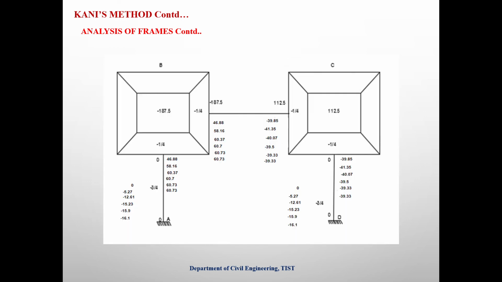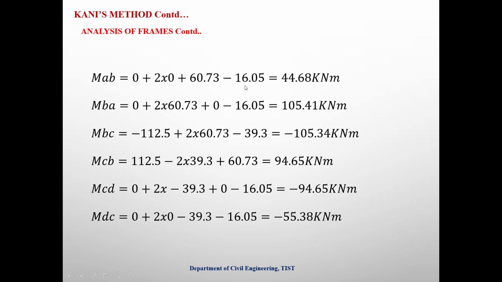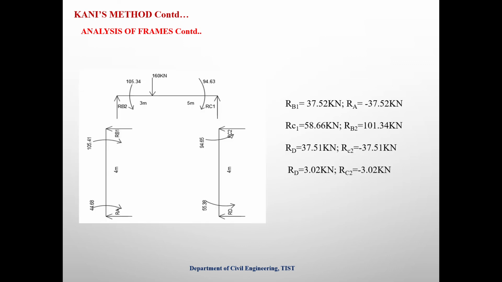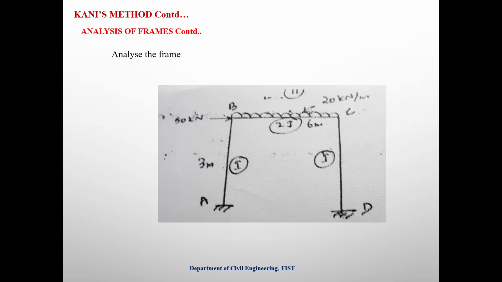The fixed end moment plus 2 into the rotation contribution of that particular joint plus the far end rotation contribution plus the displacement contribution, minus 16.1. You have to consider these displacement contributions in the case of columns only. Then after getting the final moments, we can draw the SFD as well as BMD.